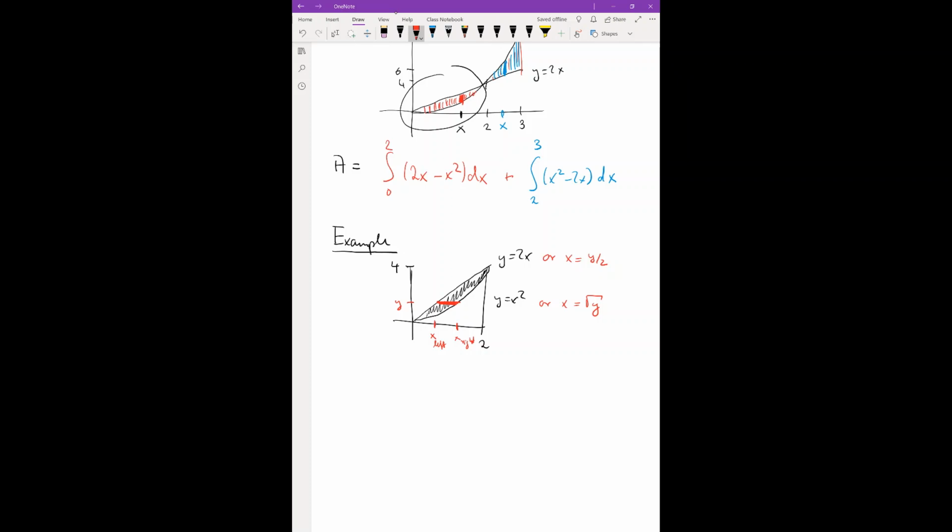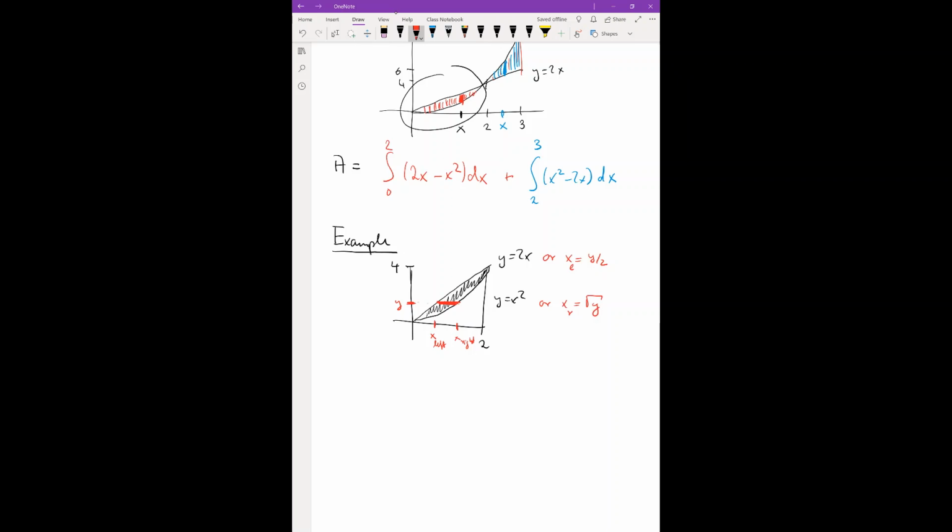So in this case, the right x is the square root of y, and the left x is y over 2. If I fix here a y, the right x is up to here, which is the square root of y, and the left x goes from here to here, which is the left x value, which is then y over 2. So what is the area?